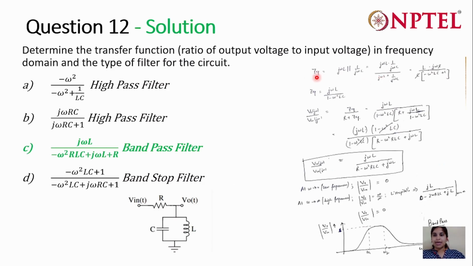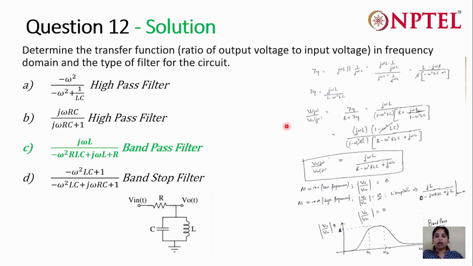So the equivalent impedance, with the inductance and capacitance in parallel, is j omega L into 1 by j omega C divided by Z1 plus Z2, that is j omega L plus 1 by j omega C. So the equivalent impedance is j omega L divided by 1 minus omega square into LC.